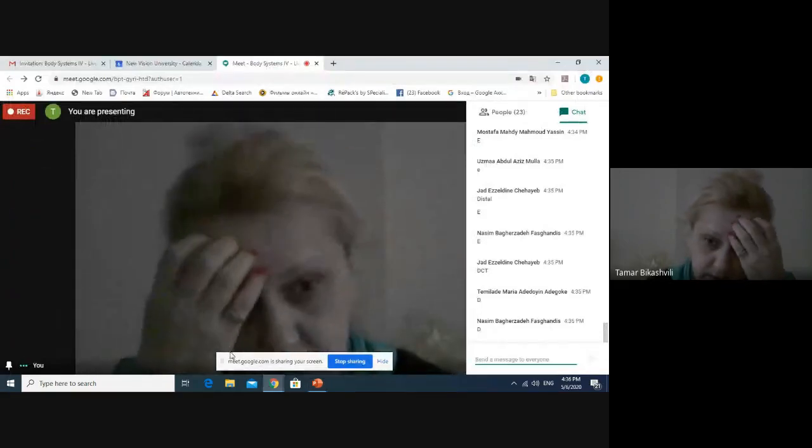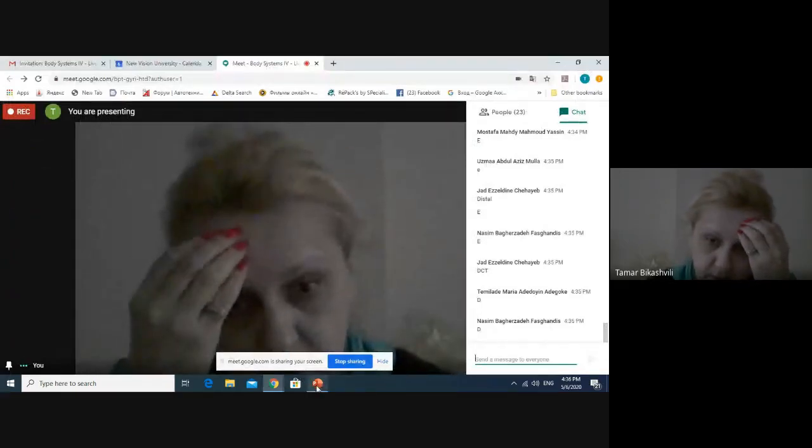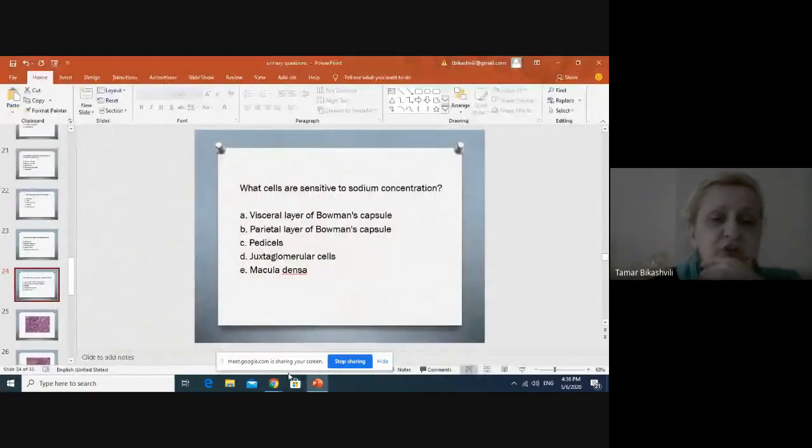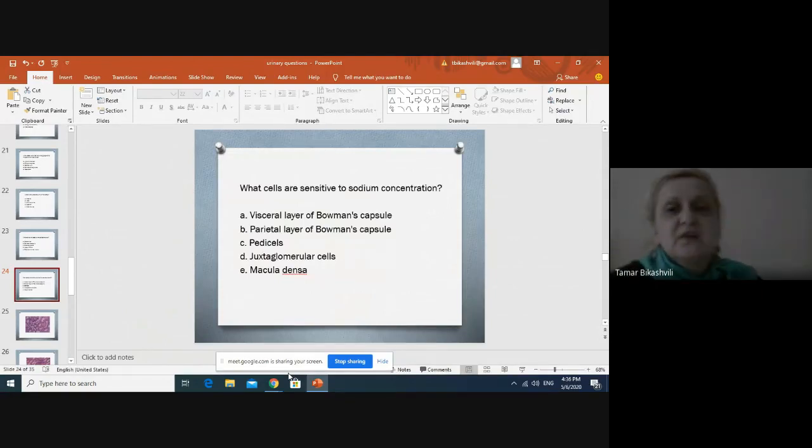D, or juxtaglomerular. I don't know if this is the answer to this question or the previous one. But the cells most sensitive to sodium concentration are macula densa cells.